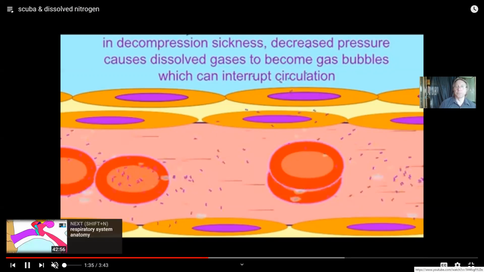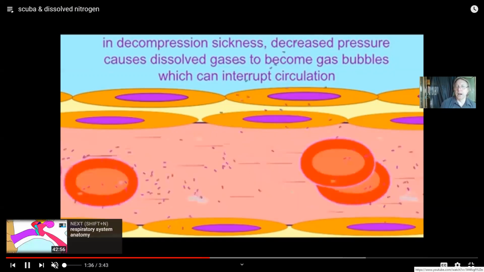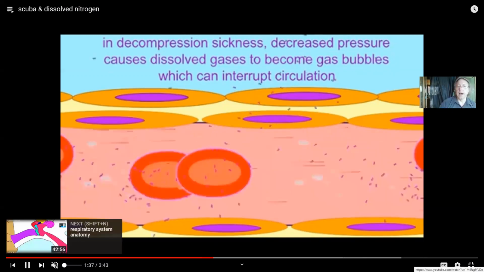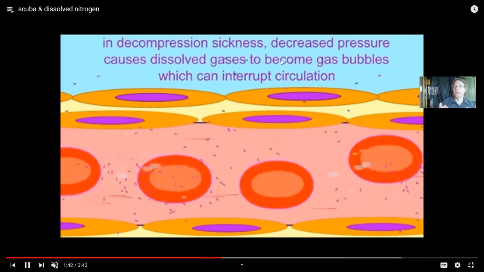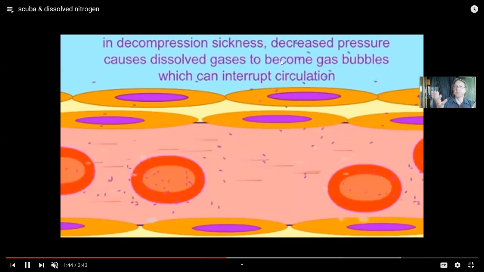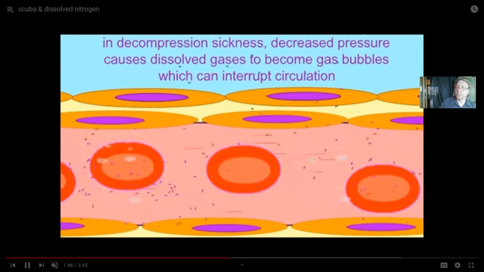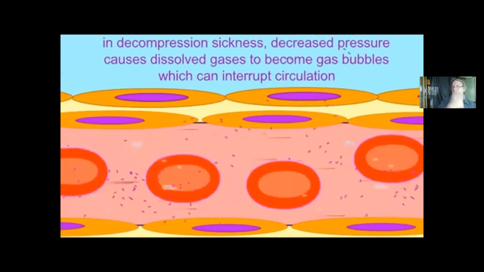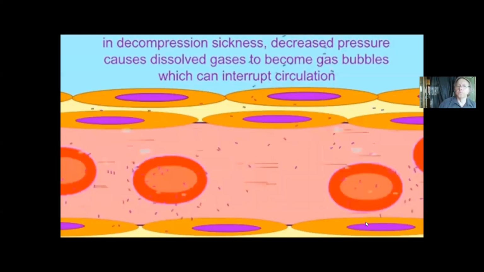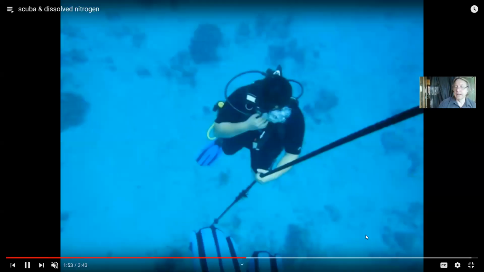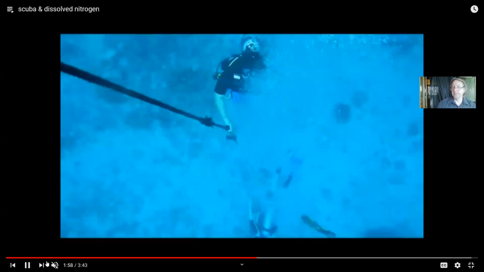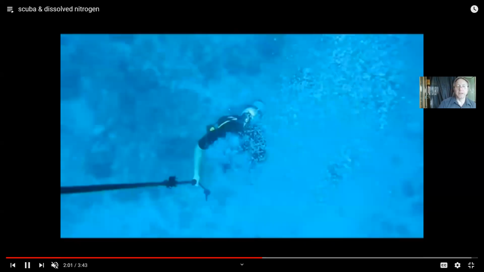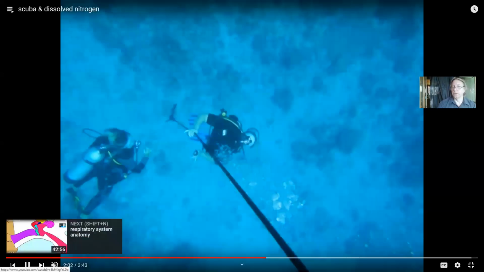The decreased pressure, which we would encounter as we went to the surface, would cause these bubbles to form, which would block blood flow all over the body, and you can go into a coma and actually die. So if you're a scuba diver, you know that if you've been diving at a deep depth for a long time and you want to come to the surface, one, you have to go very slowly.